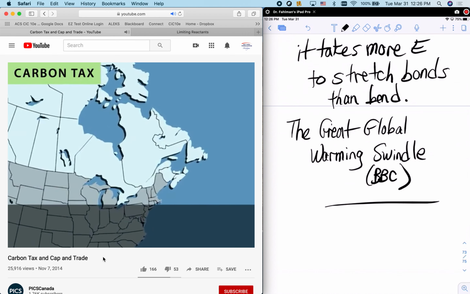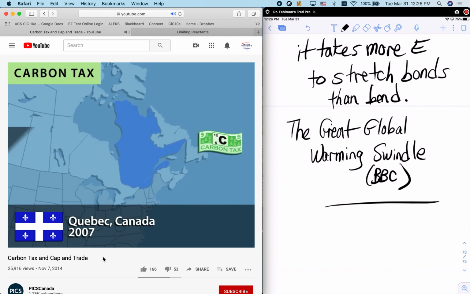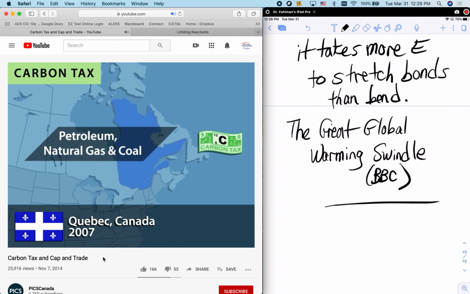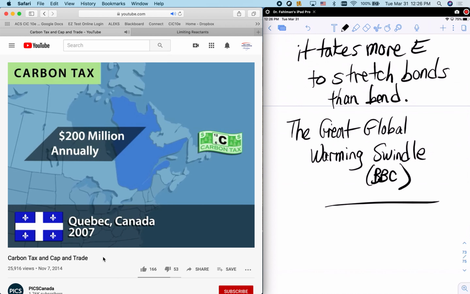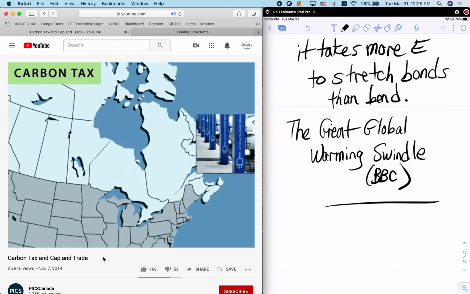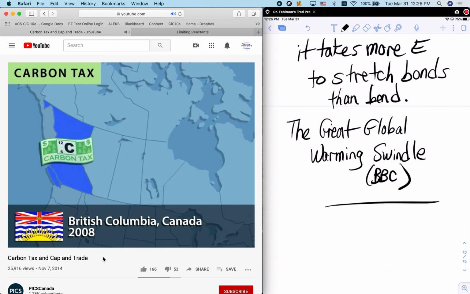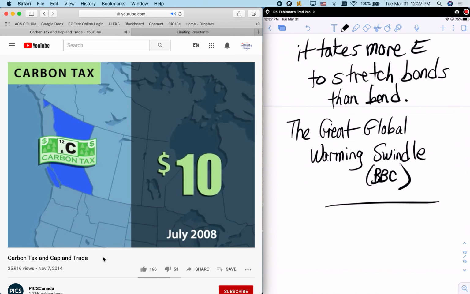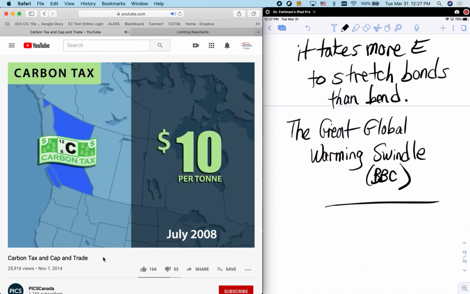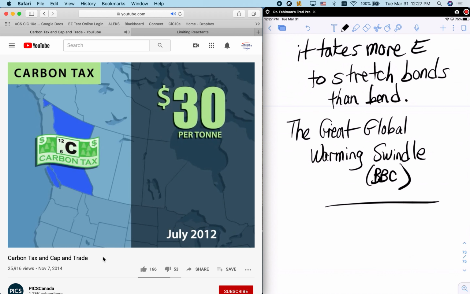In Canada, the province of Quebec led North America by applying a small carbon tax in 2007 on petroleum, natural gas, and coal. Today, the tax raises $200 million per year for climate change initiatives in the province. In 2008, British Columbia followed suit with a more aggressive carbon tax of $10 per tonne of carbon dioxide emitted. In an important innovation, the tax was set to increase by $5 per year through 2012. It now sits at $30 per tonne per year.